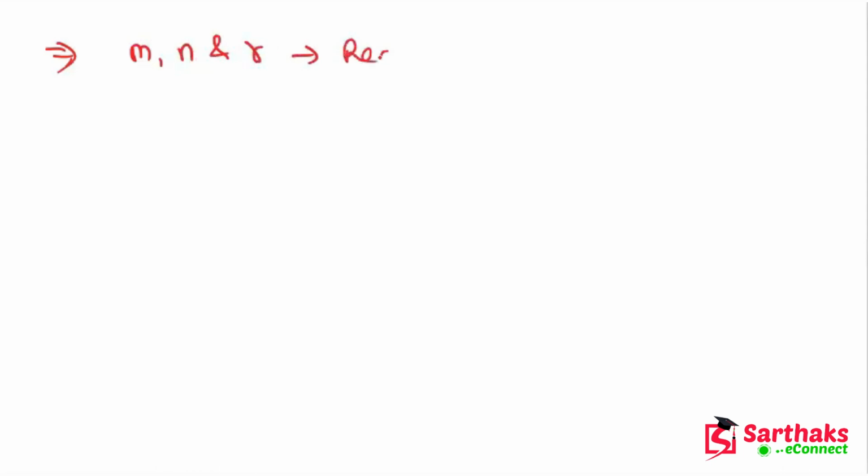They are real numbers. Now my dear friends, in the case of multiplication, if we are multiplying the first two numbers and then we are multiplying the last number, or if we are multiplying the last two numbers first and then we are multiplying the first number, then the result will always be same.